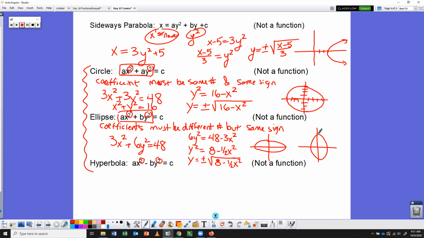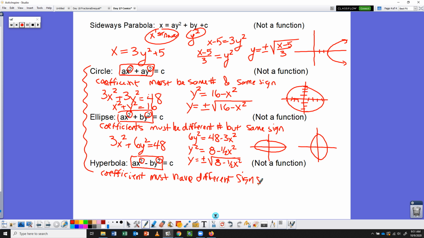The last type of formula is a hyperbola. And again, once you get the x squareds and the y squareds to be on the same side, here's what you're going to notice about the coefficients. The coefficients must have different signs. So one of them has to be positive and the other one has to be negative.